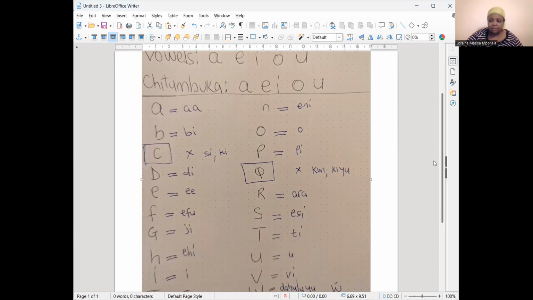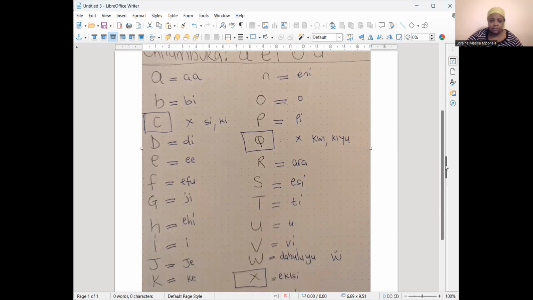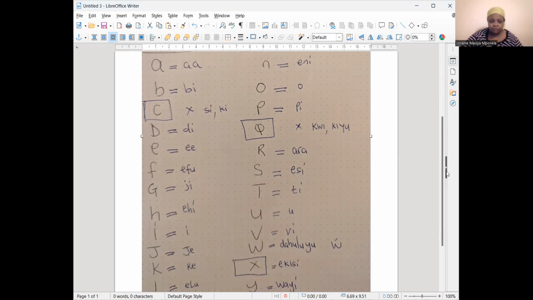So this is the alphabet, or the 26 letters. Let me see if they can all fit. They can't for now. Okay. B, we don't have this letter in my language.